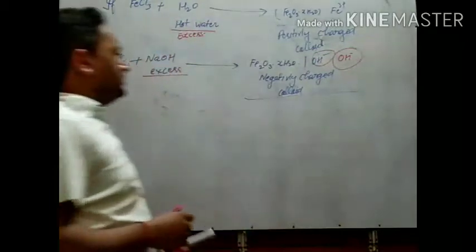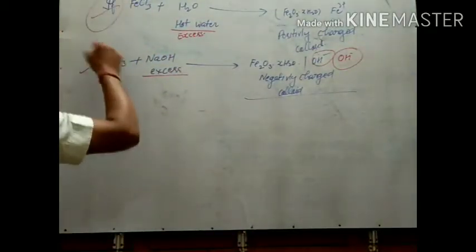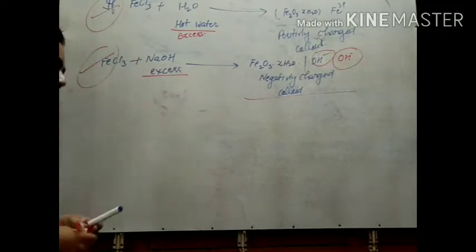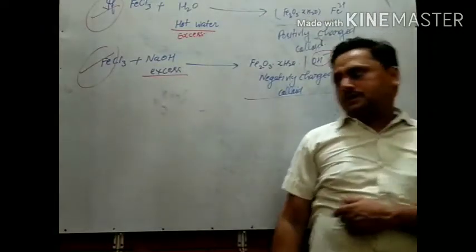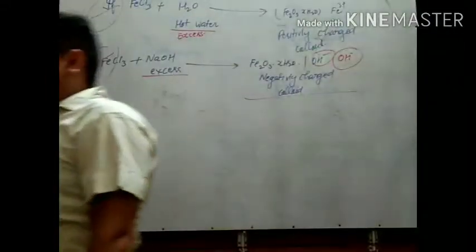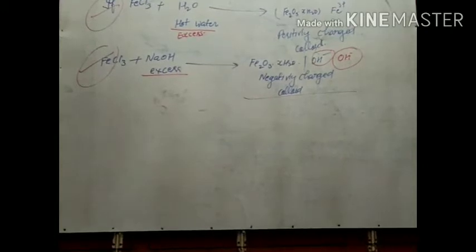So you remember these two, they are very important. And one thing you remember: our blood is a positively charged colloid. Next, the third point: due to formation of an electrical double layer.